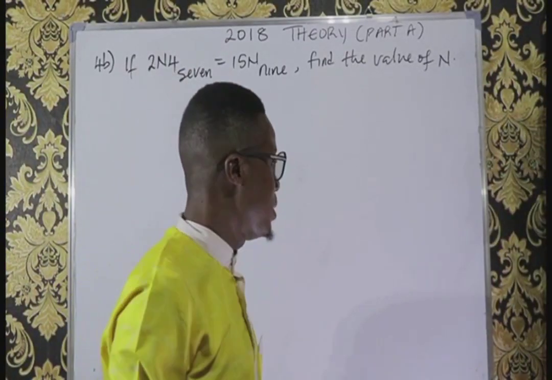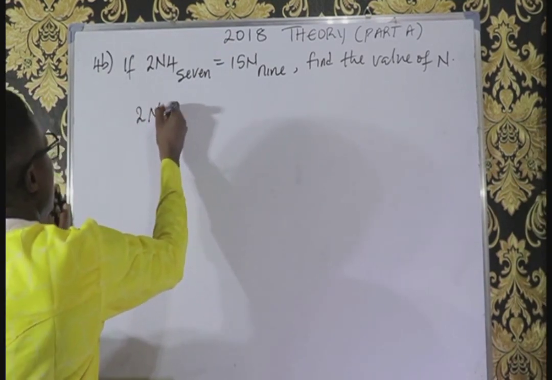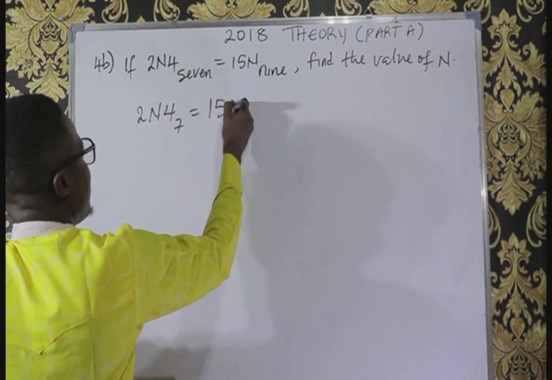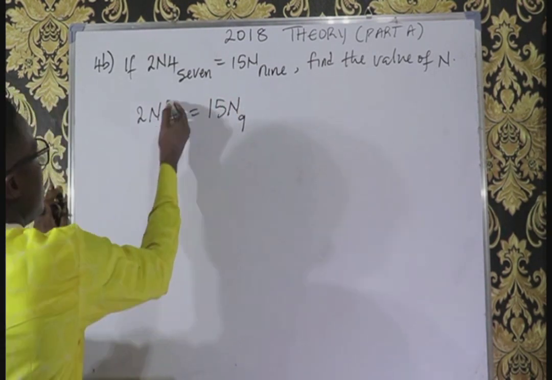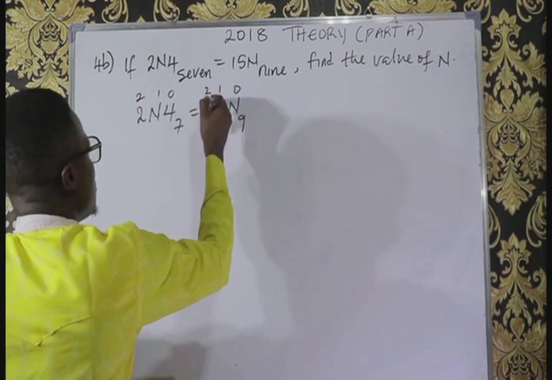Alright, in question 4b, we are told that if 2n4 base 7 is equivalent to 15n base 9, we should find the value of n. Here is 0, here is 1, here is 2.